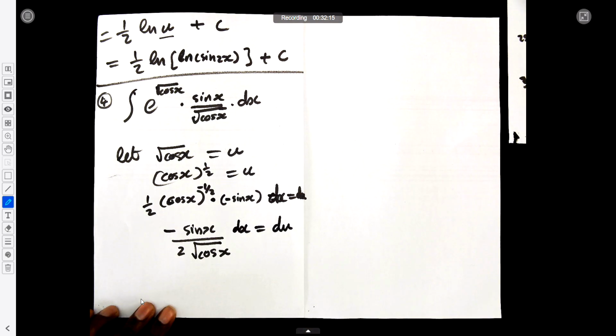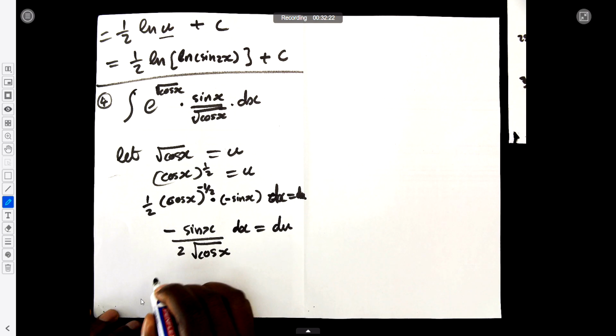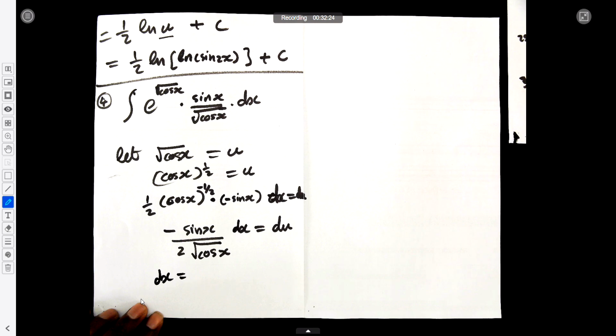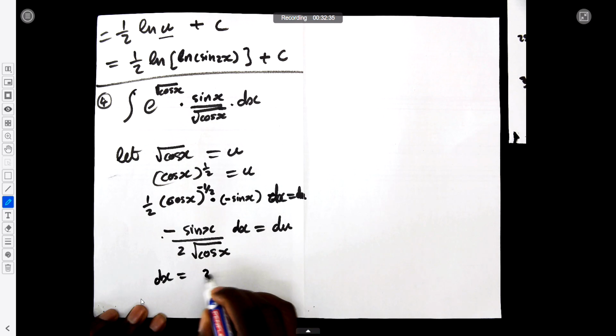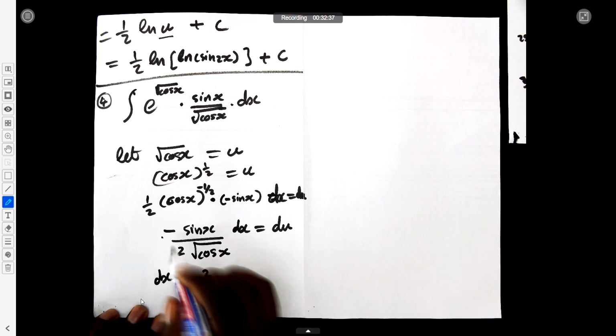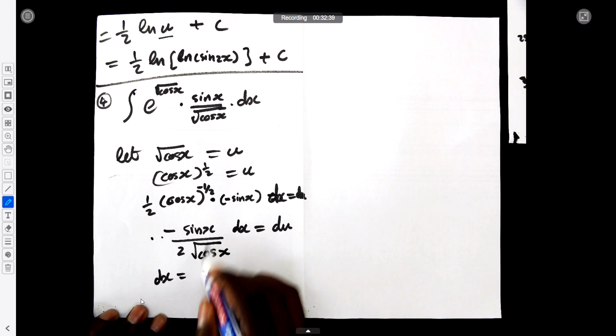So we want to make dx the subject of the formula. So what do we do? We multiply by 2 on both sides of the function, right? Multiply by 2 here, it is eliminated. On the right hand side, you'll have 2. We multiply by cos x here, so cos x will divide on the right hand side, multiplied by root cos x. To get rid of negative sin x, which is multiplying here, we divide. So you say negative sin x divided by negative sin x.